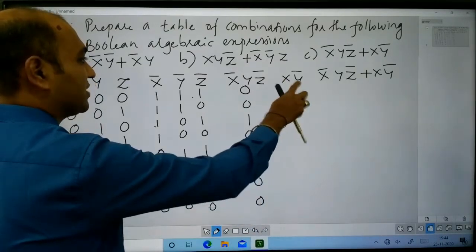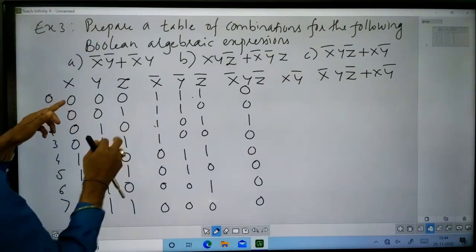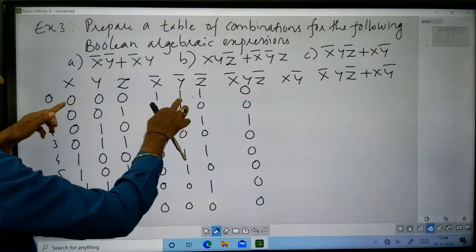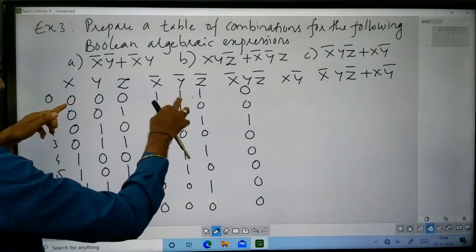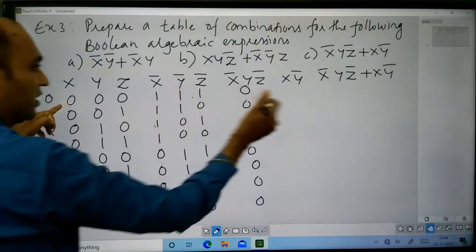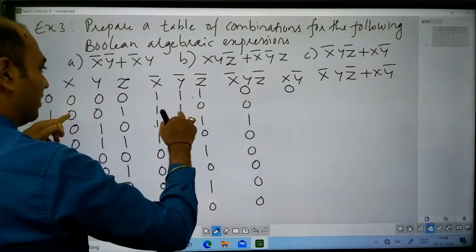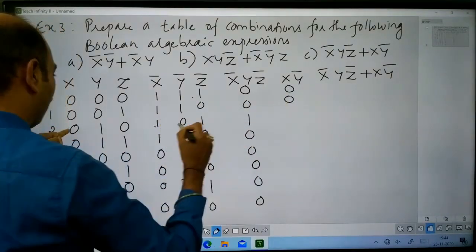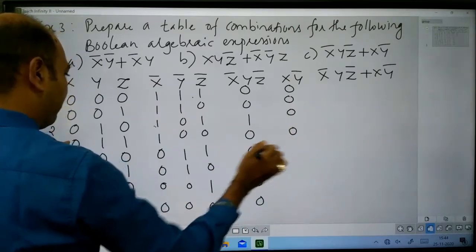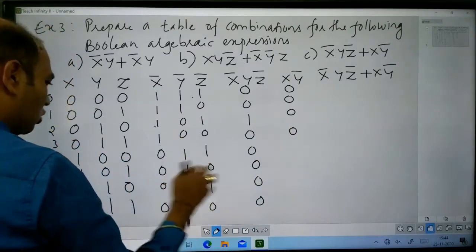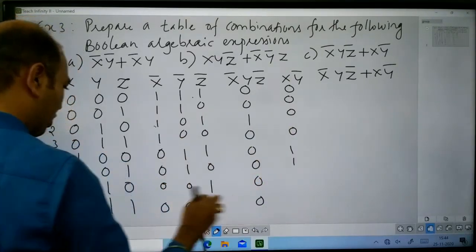Next, we'll move on to x, y bar. X, y bar means x and y bar. ANDing between these two columns. True, true is true. Otherwise, it is false. Here, for the first time, it is false. Yes, false. Again, false, false. True, true. True and true.